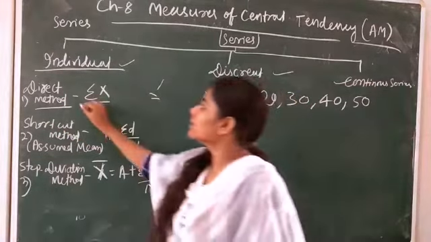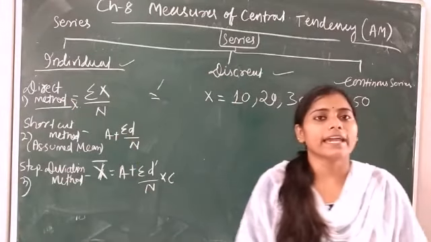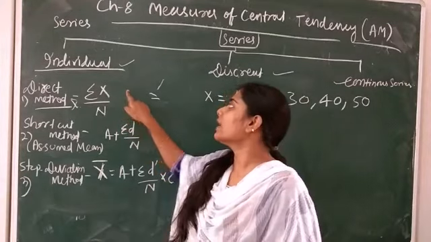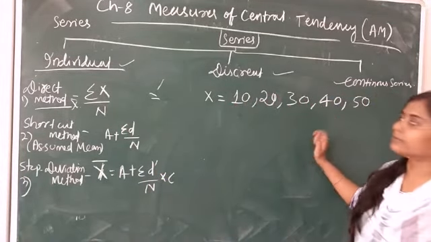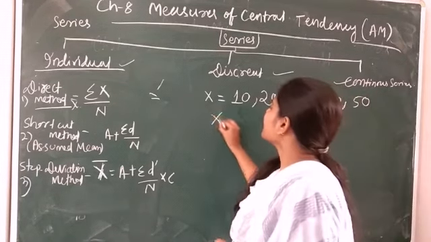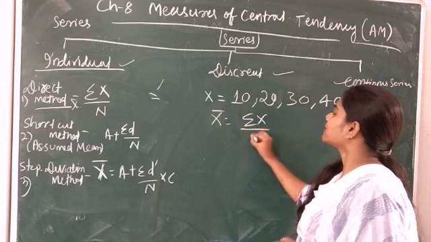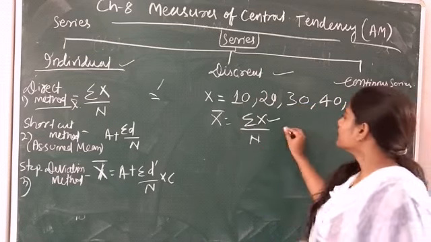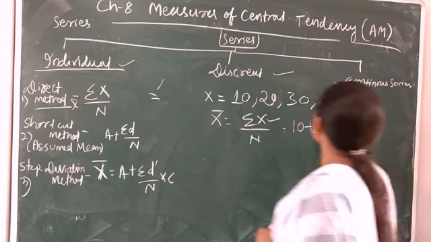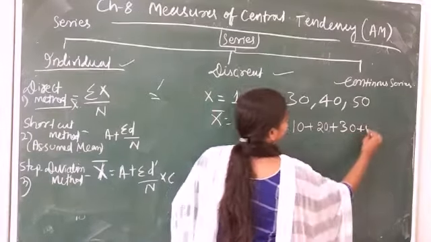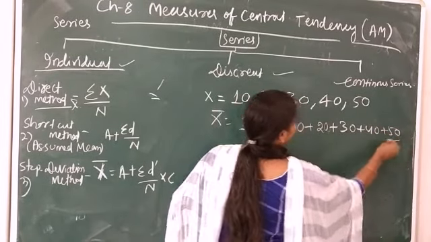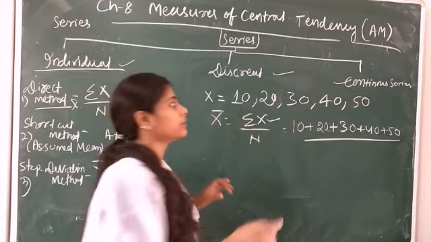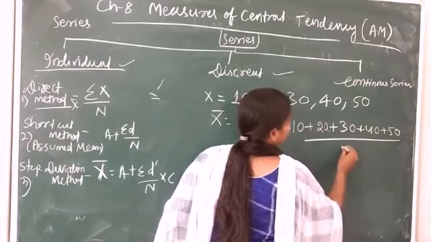The formula is mean equals sigma x by n, or we can say summation of x by n, where n is the number of observations and x is the items. So the formula is mean equals summation of x by n. Here the summation of all the items is 10 plus 20 plus 30 plus 40 plus 50, divided by the number of observations, that is 1, 2, 3, 4 and 5.